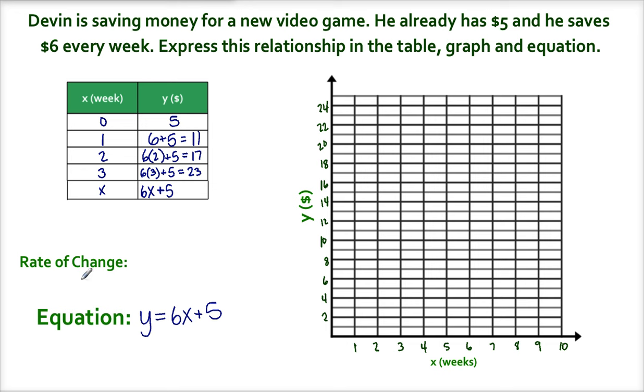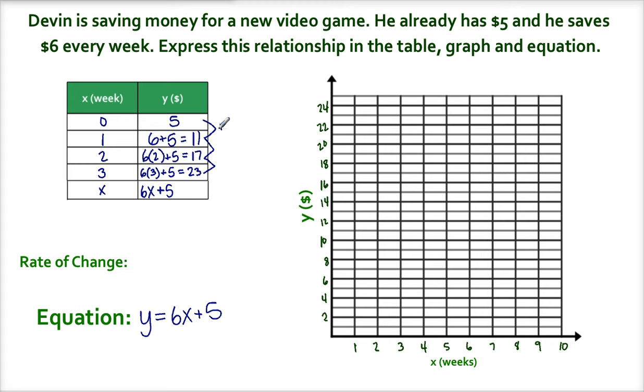Now let's take a look at the rate of change. Remember that the rate of change is comparing how y changes to how x is changing. So from one line to the next, x is just changing by 1, so that's not going to change my fraction at all. So let's just take a look at how y is changing. From one line to the next, how much is y changing by? We go from 5 to 11.